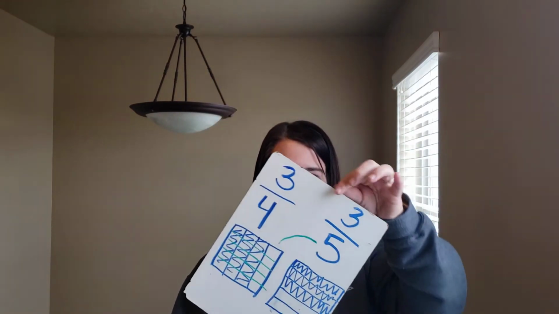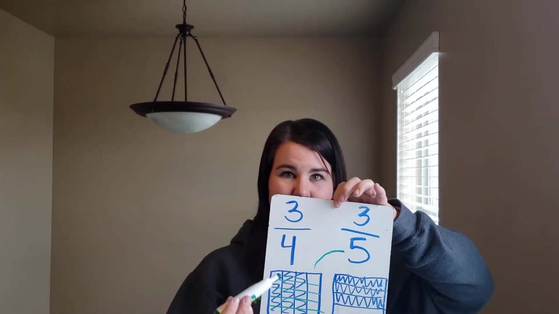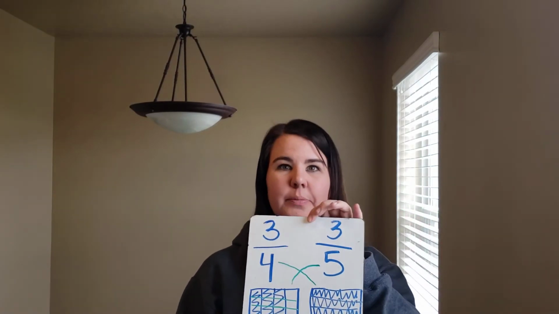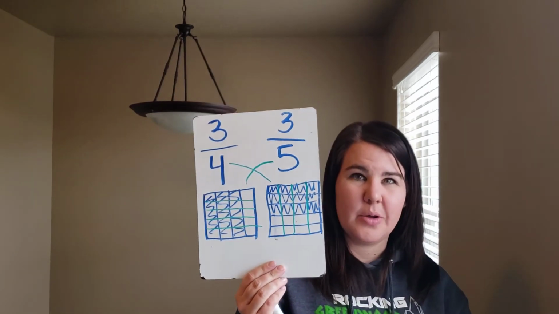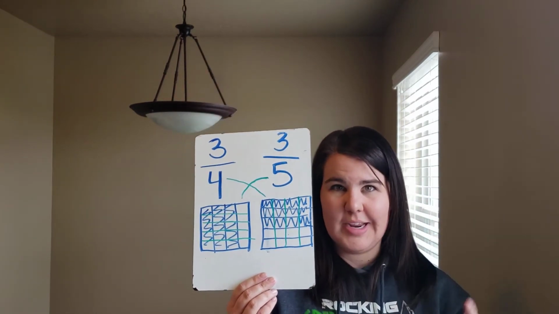And I'm going to take this area model and divide it into 4ths with vertical lines. Whoops, the last one was horizontal. I think I said vertical. You know what I meant, hopefully. So that each one has lines going vertically and horizontally.